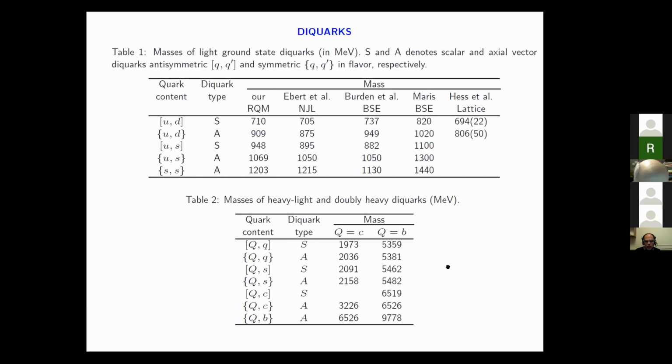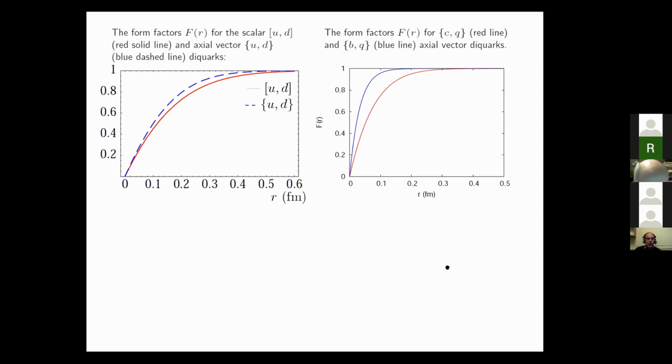heavy diquarks. Now we use the calculated wave functions of the diquark to calculate the form factor of the diquark-gluon interaction, and it is shown here for light diquarks and heavy-light diquarks. And such behavior of the form factor is rather easy to understand intuitively.